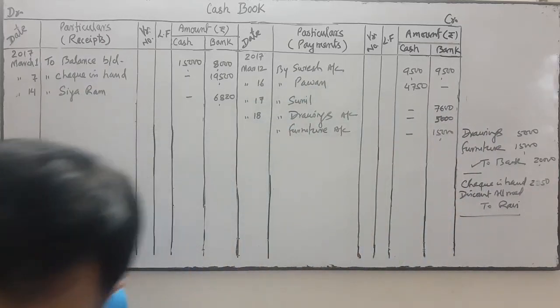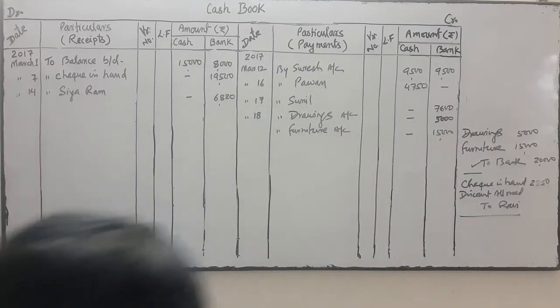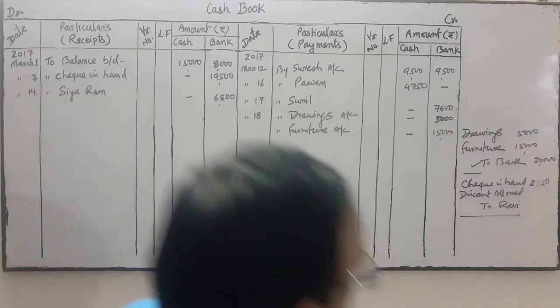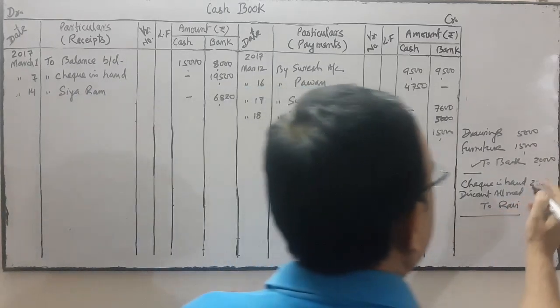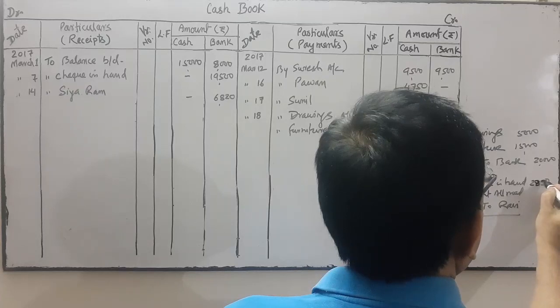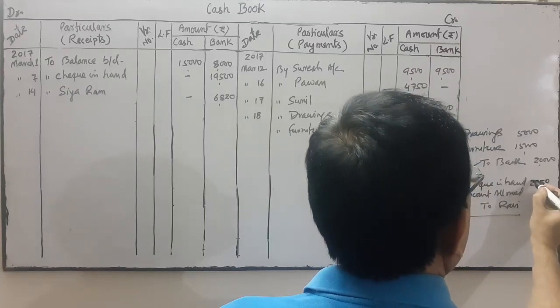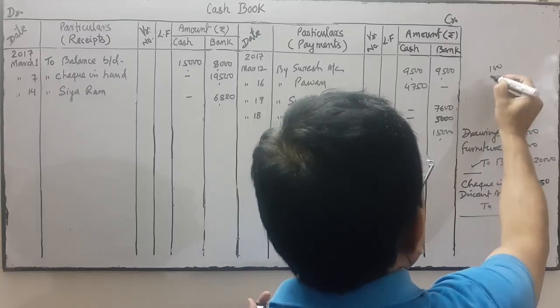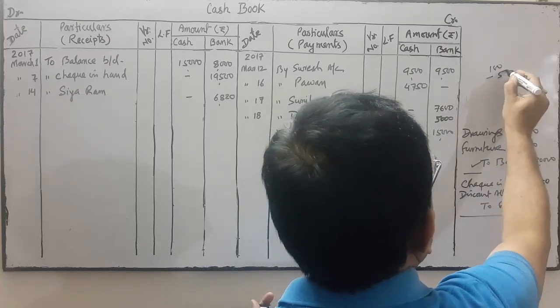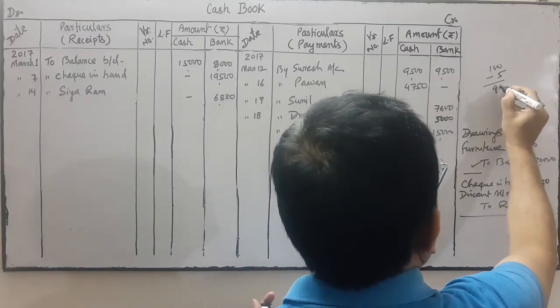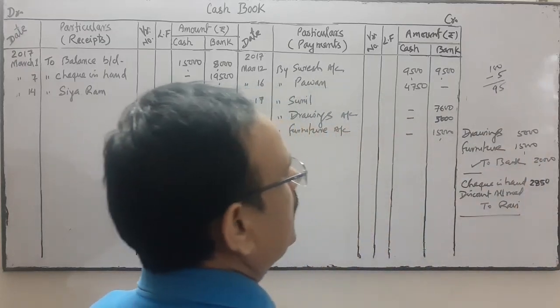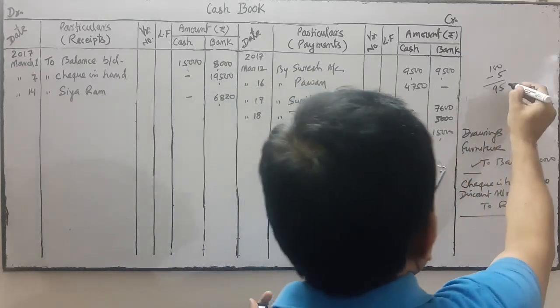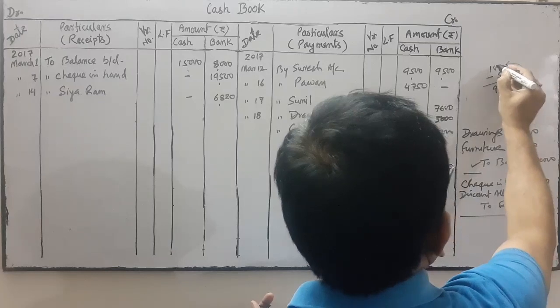This amount is received after deduction of 5% cash discount. Suppose 100 is the amount we have to receive and 5% is the cash discount. It means we have received 95.